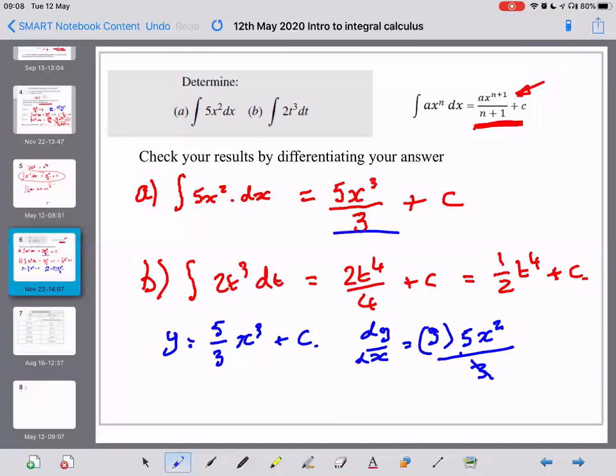And the 3s cancel out. And differentiating the constant, it disappears. So we end up with 5x squared, which is where we started.